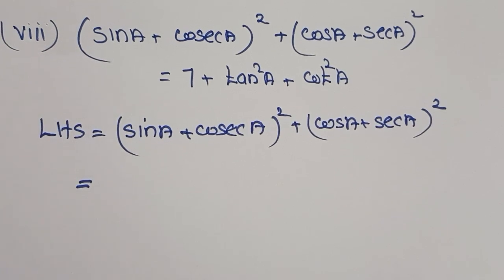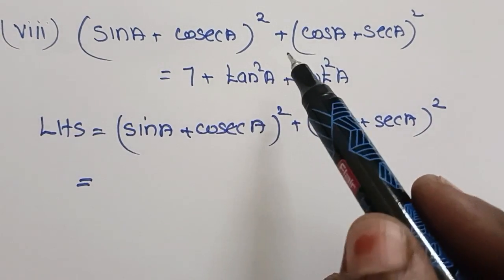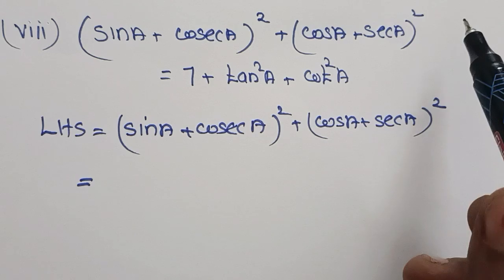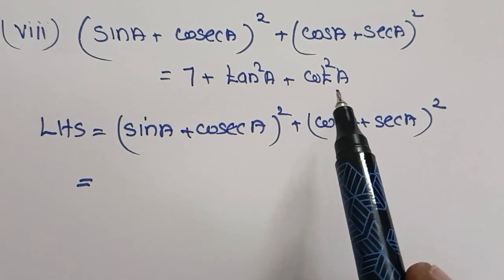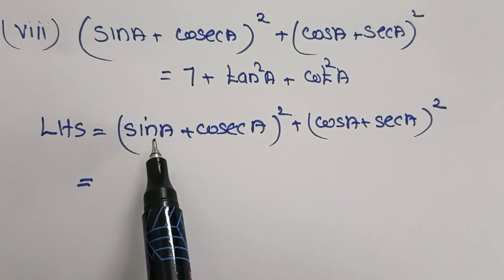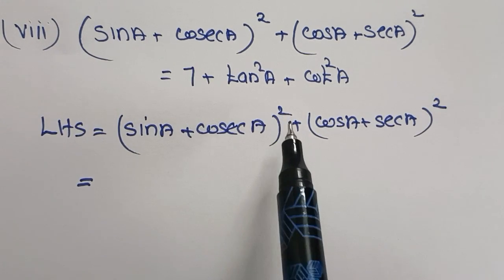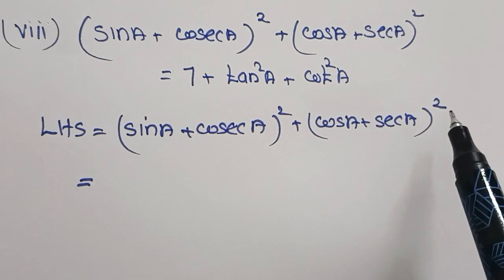8th question. (sin A plus cosec A) the whole square plus (cos A plus sec A) the whole square equal to 7 plus tan square A plus cot square A. Take the LHS. LHS is (sin A plus cosec A) the whole square plus (cos A plus sec A) the whole square.